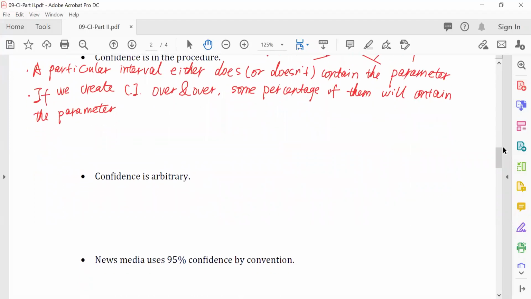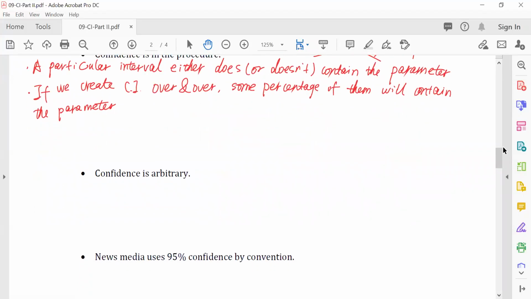The second thing I want to talk about is that the confidence level is arbitrary. I could say, I want you to create a 90% confidence interval, or I want you to create an 80% confidence interval. This confidence level that someone sets up is arbitrary.